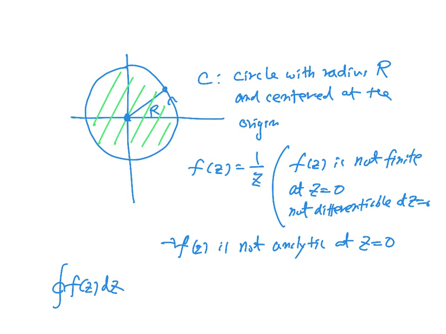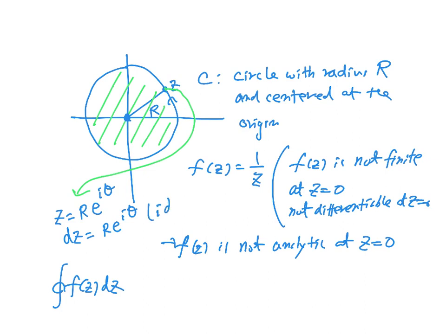So on this radius, say z, you can write R exponential i theta, right? At this point, dz: R is fixed, so R exponential i theta, i d theta.